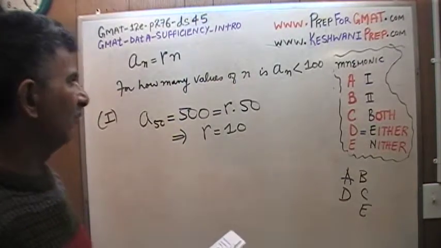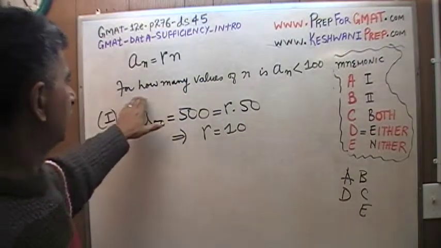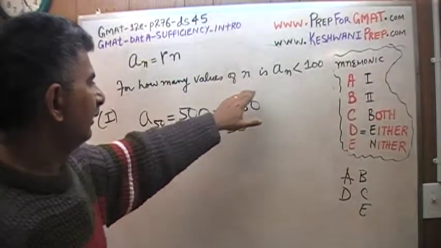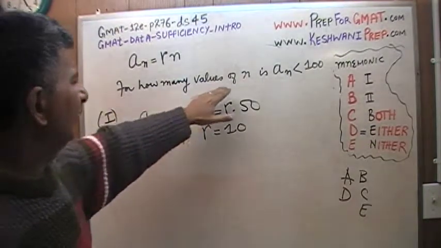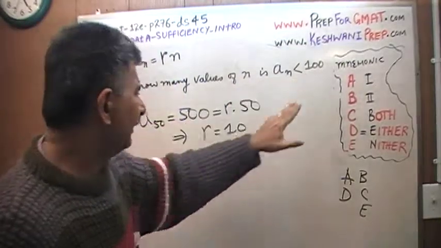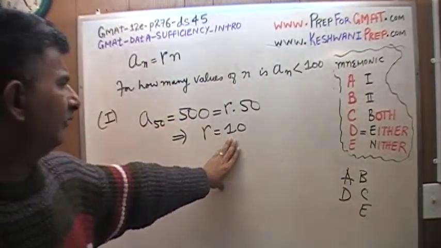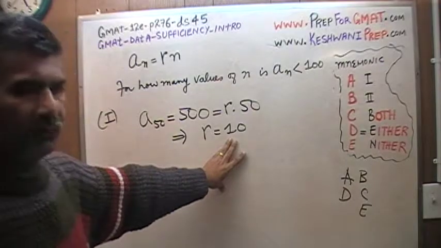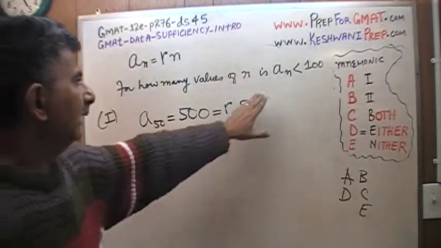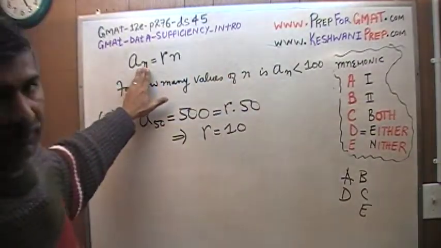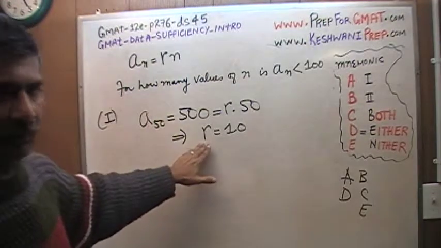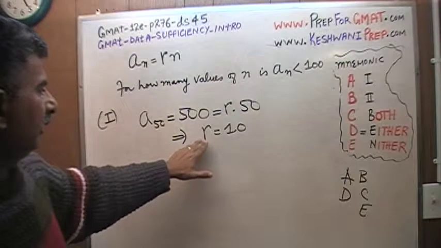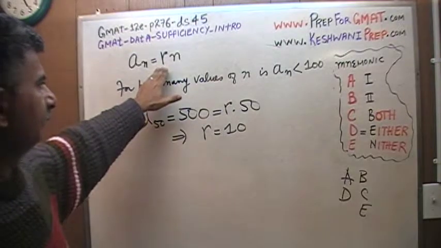For how many values of N is A sub N less than 100? The answer is 10, because the proportionality constant we just found is 10.